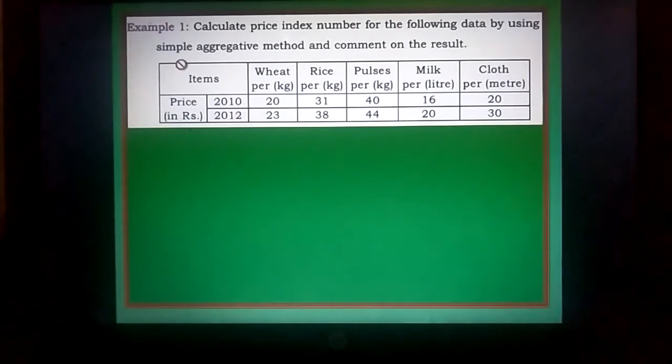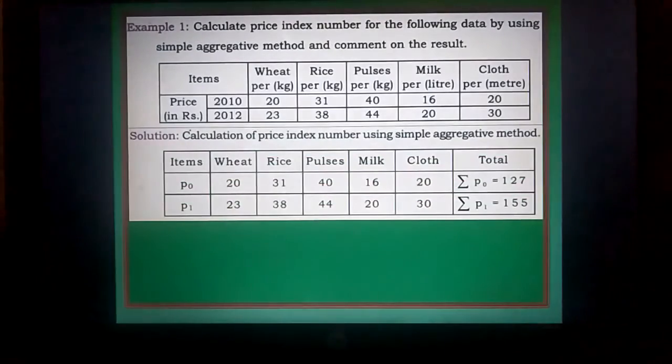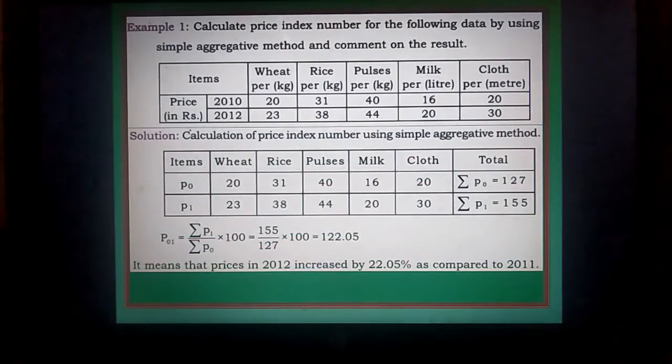And what is the simple aggregative method price index number formula? Try to recall, we had already studied. It is sum of P1 divided by sum of P naught multiplied by 100. So in terms of solution, the formula is P01 is equal to sum of P1 divided by sum of P naught multiplied by 100.